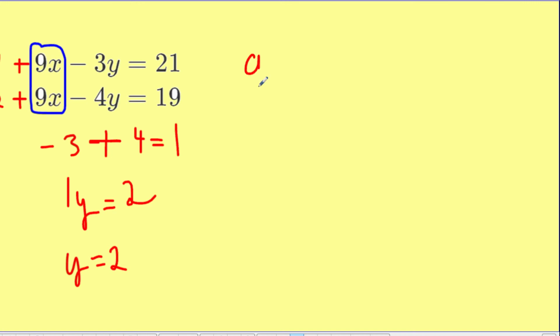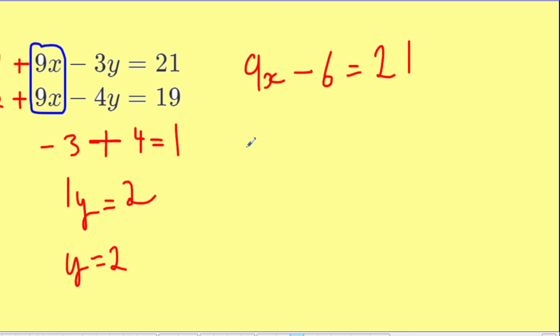So 9x, do a different color, just because. So we've got 9x, I was right the first time. Having a shocker. 9x. Take away. I'm going to use this one. 3 times 2, 9x take away 6 equals 21.